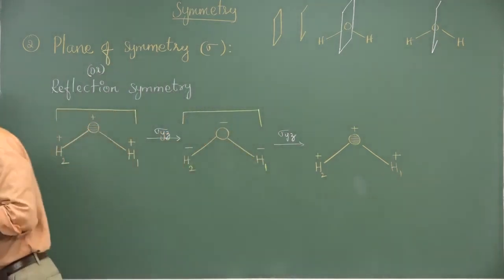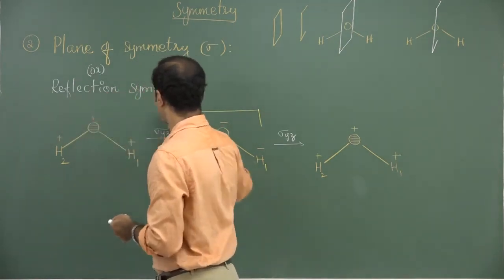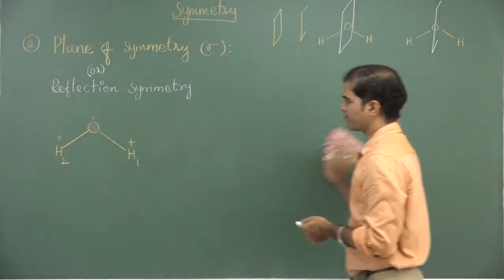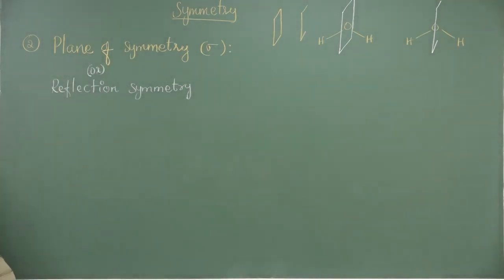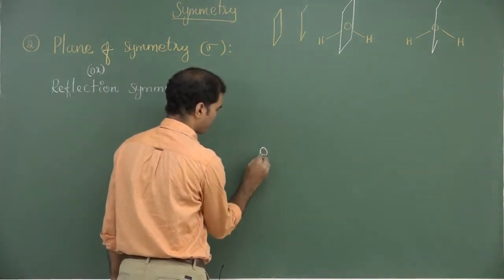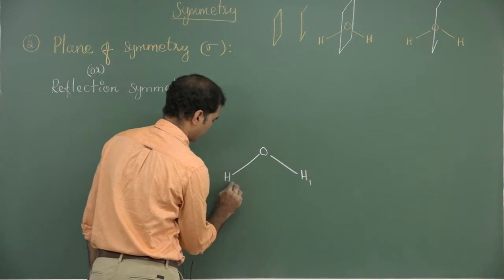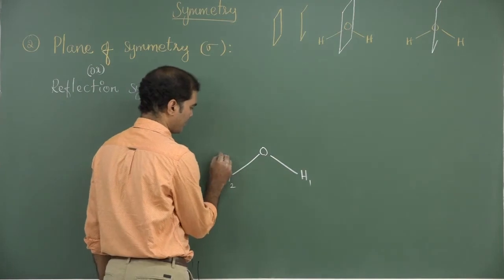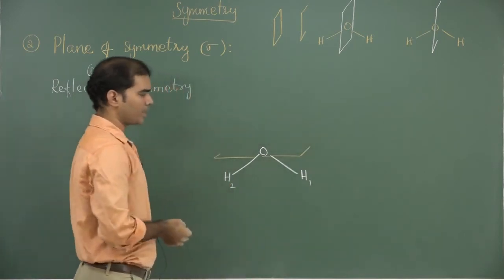Suppose I take the xy plane, let us see whether it is present or not. Let me take the xy plane, and once I pass that xy plane, we have to just see whether it is valid or not.